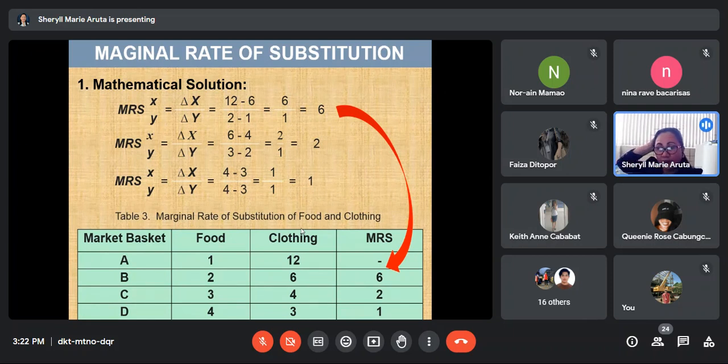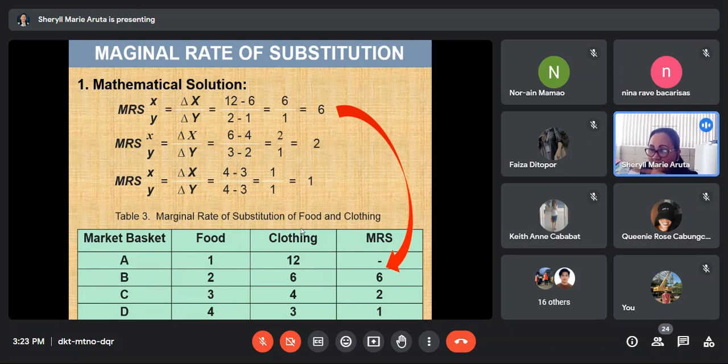Okay, because 12 is the first unit that Peter is willing to give up. Then we put 2 first, because that is what Peter gains upon giving up clothing. So the direction is different, and you will get it wrong if you mix up the table. So 12 minus 6 over 2 minus 1.